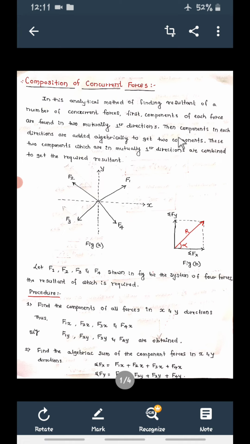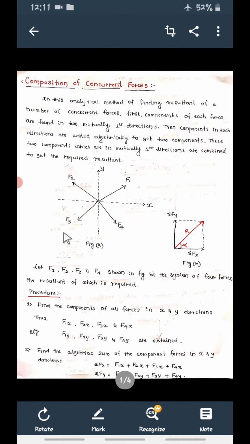Then components in each direction are added. Whatever the components along x-axis, all will be added, and the components in mutually perpendicular directions are combined to get the required resultant.